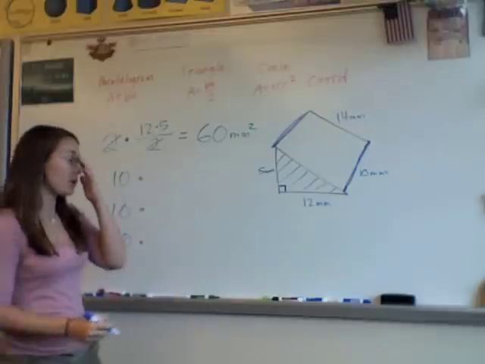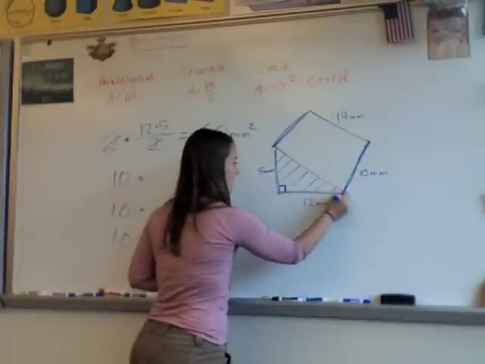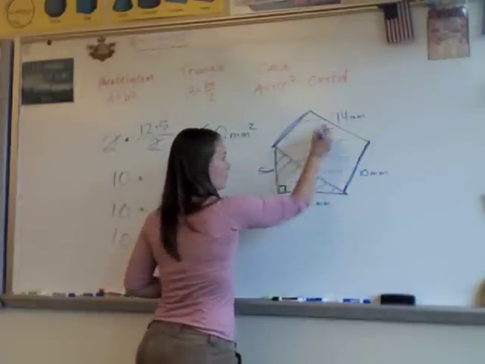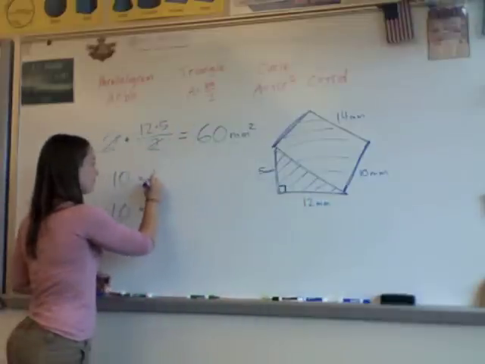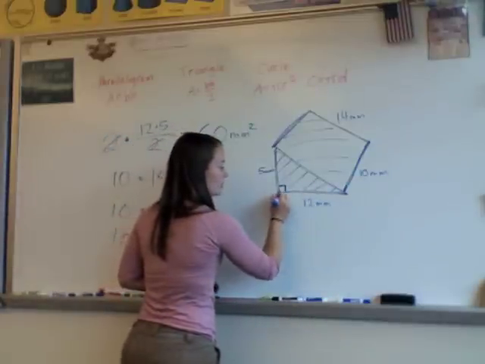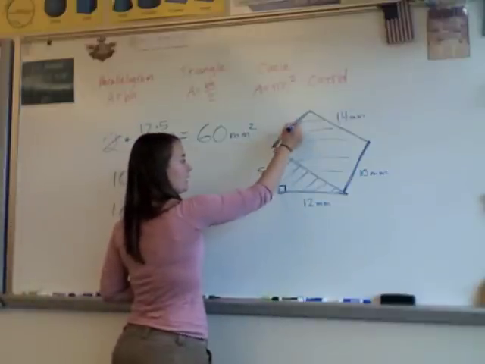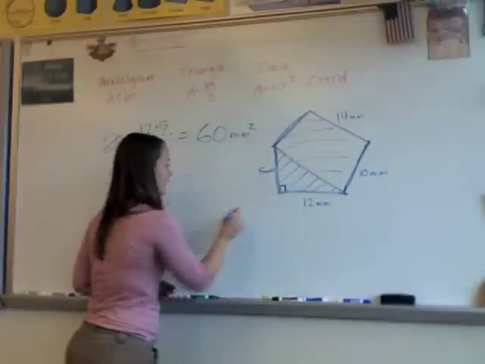The other three numbers are the sides of the triangles, because this surface goes along this 14 here, so 10 by 14. The bottom goes along this 12, so it's 10 by 12. And the back side is 10 by 5, this side of the triangle.